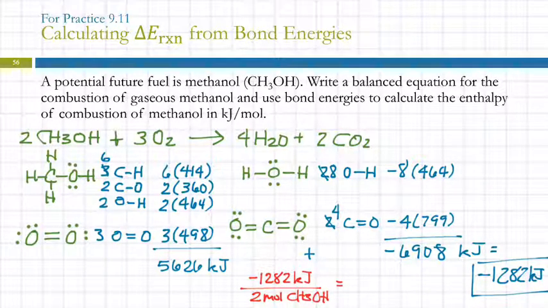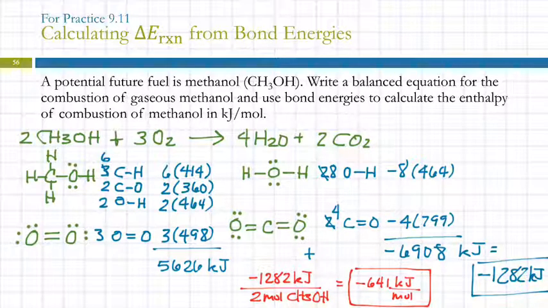And so we divide by 2. And we get negative 641 kilojoules per mole. Any questions? Is that reaction endothermic or exothermic? Exothermic. It's releasing energy. That's why methanol is a potential fuel, because when it burns, it releases energy.